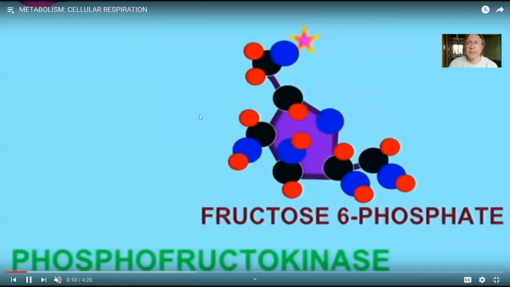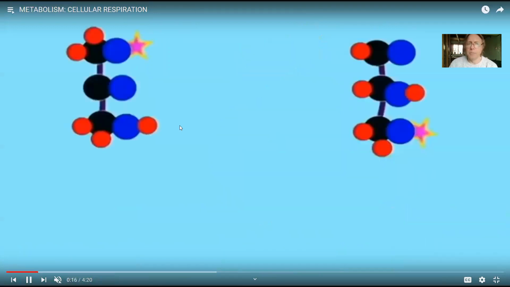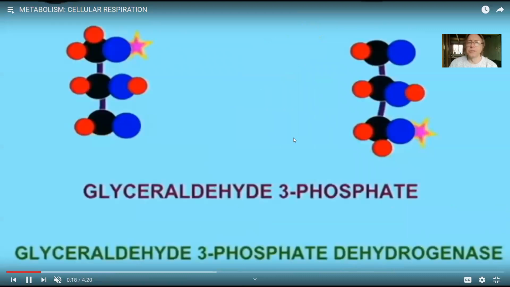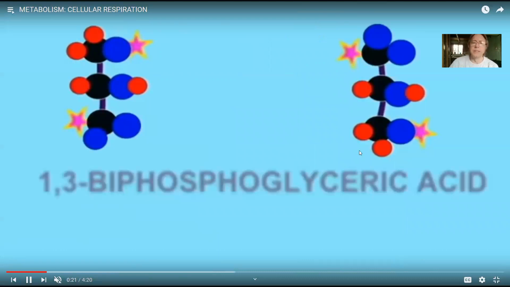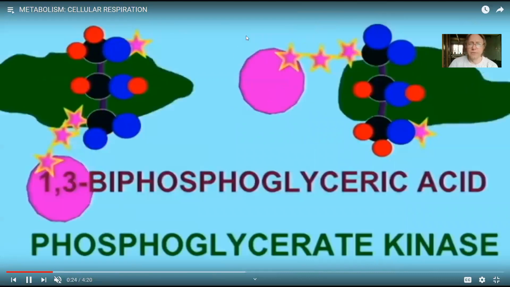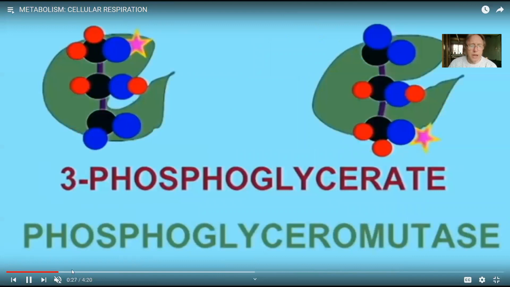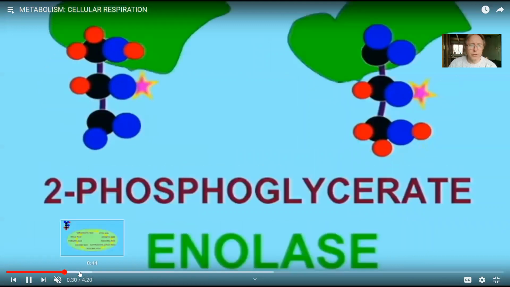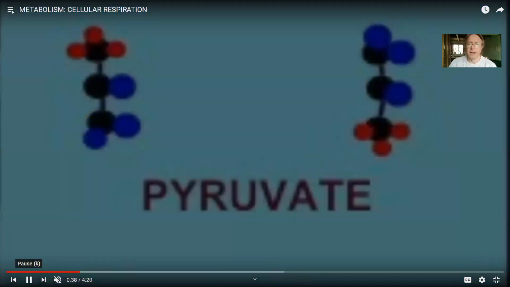In a series of chemical reactions, these glucose molecules are modified, and after a long series of events, phosphates are added, phosphates are removed. This molecule is then converted into two separate molecules. We then get to this molecule here, which we call pyruvate.